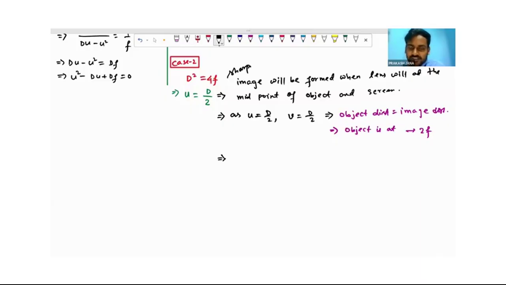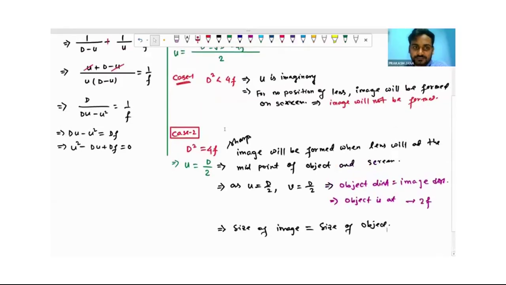When the object and the image are at 2f, the size of image is equal to size of object, isn't it? Size of the object and the image becomes equal when they are at 2f distance, and this is the case when d square is equal to 4f, that is the square of the distance between the object and the screen is 4 times the focal length of the lens.